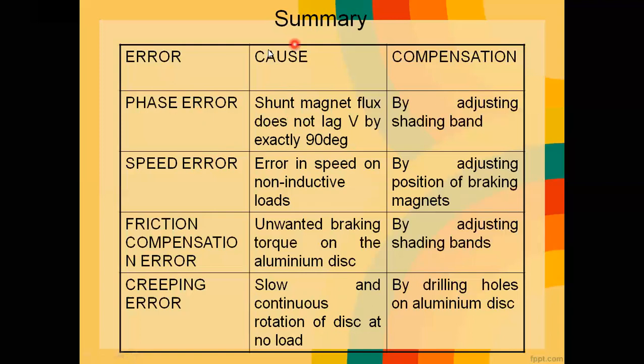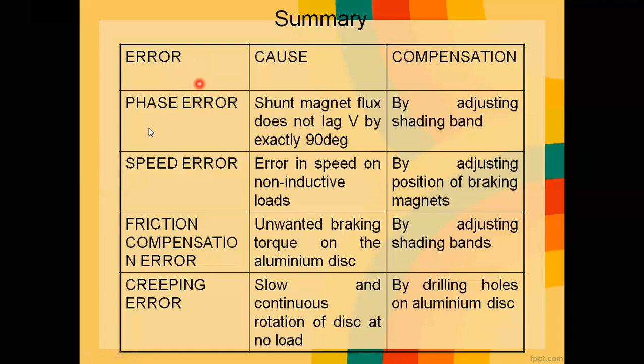You know the meaning of the cause, the reason because of which the error is introduced, and how do we compensate. So this table is formulated in such a manner. First column will show us the error, the reasons for the error are shown in the cause column, and how to compensate the error is shown in the third column, compensation.